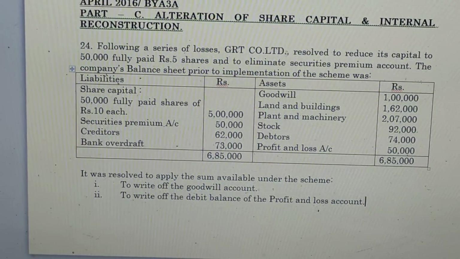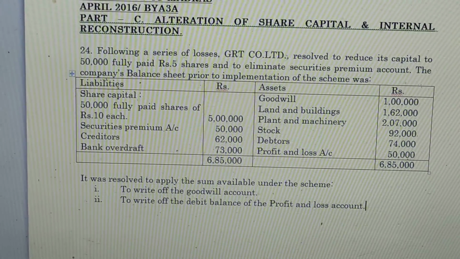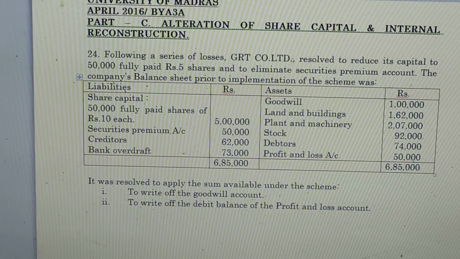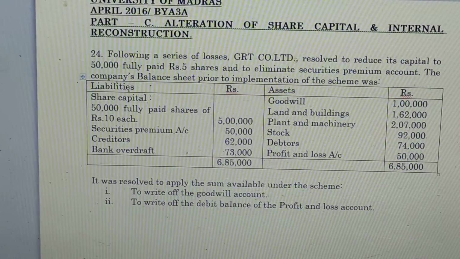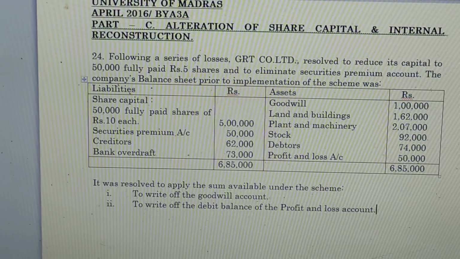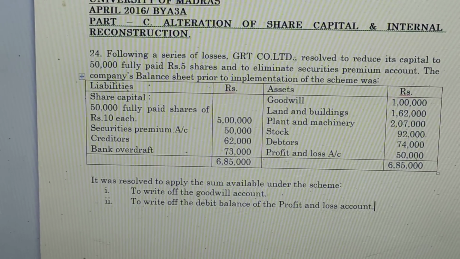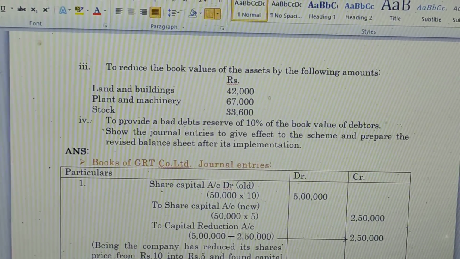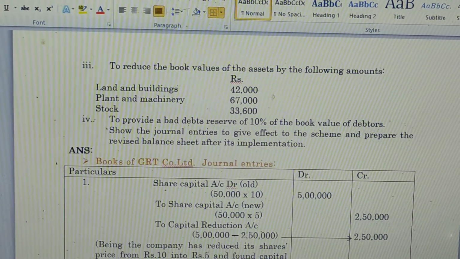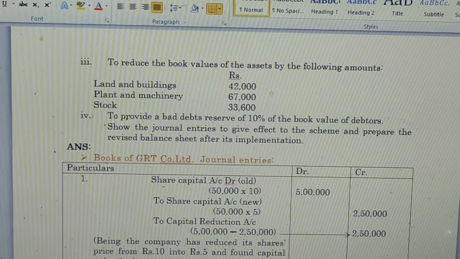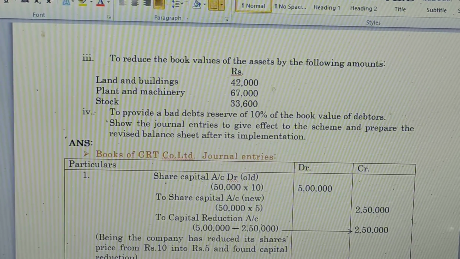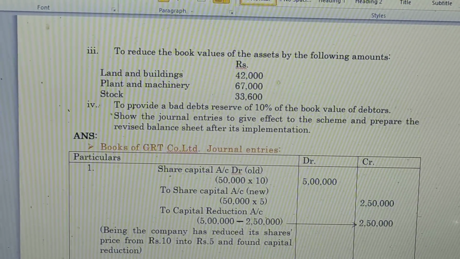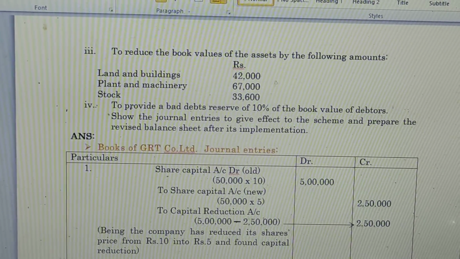It was resolved to apply the sum available under the scheme. The first one, to write off the goodwill account; the second, to write off the debit balance of the profit and loss account; the third, to reduce the book value of the assets by the following amounts: land and buildings rupees 42,000, plant and machinery rupees 67,000, stock rupees 33,600.